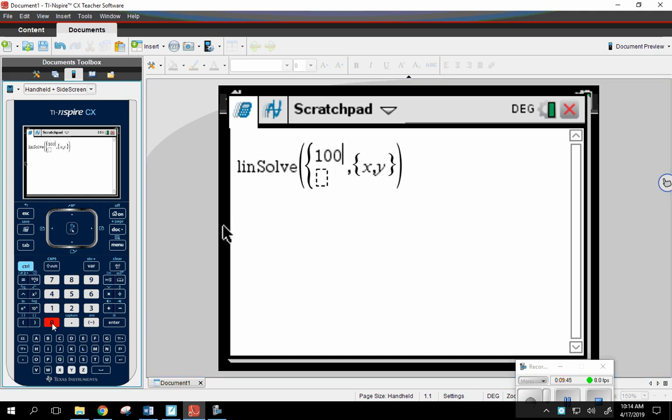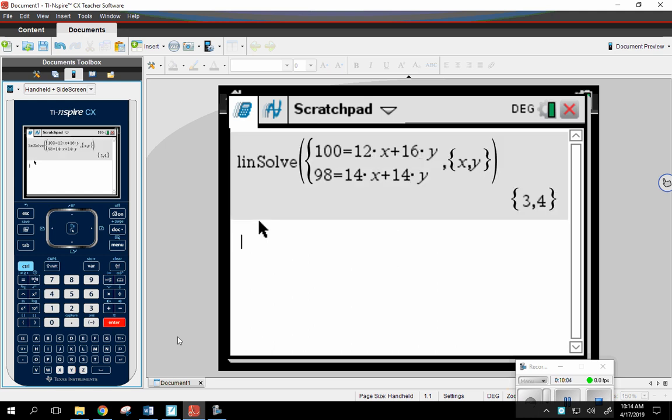Like the first one, 100 equals, the equals is right here below control. And I believe that was 12x plus 16y. Then go down to the other one where we had 98 equals 14x plus 14y. Okay. And you push enter. There you go. Okay, 3, 4. Have I shown you that before?